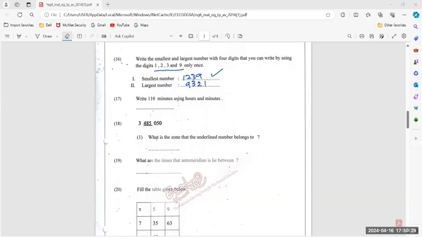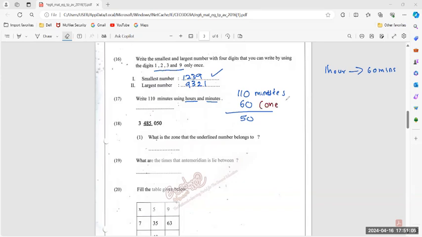Write 110 minutes using hours and minutes. 110 minutes. Right? So we almost know that 1 hour has 60 minutes, right? Yes. So from this one we are subtracting 60 because we have to categorize it into hours and minutes. So we are subtracting 60, then we have a 50. Subtracting 60 means we have subtracted 1 hour.